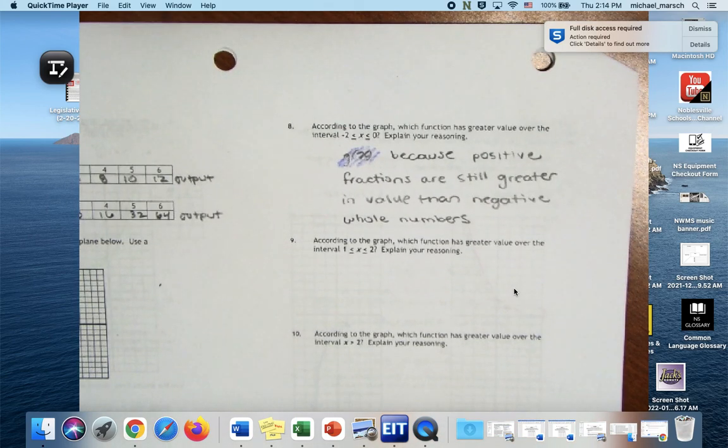So 1/4 and 1/2 are still greater in value than -4 and -2. Even though it's a fraction, you automatically think it must be smaller. It's still a greater value than a negative value.